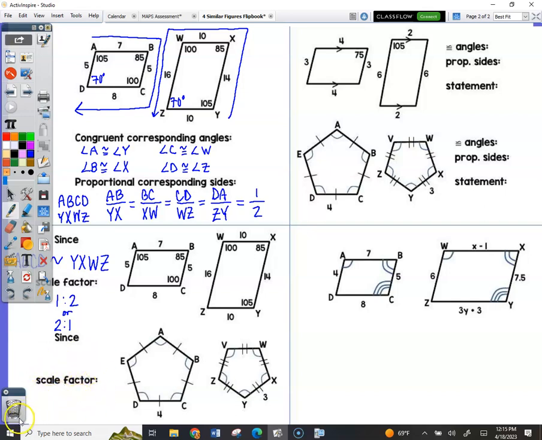And then find the scale factor. You can't see? If you call this A, B, C, D, E, which I imagine is what you did, what would you call the next one?